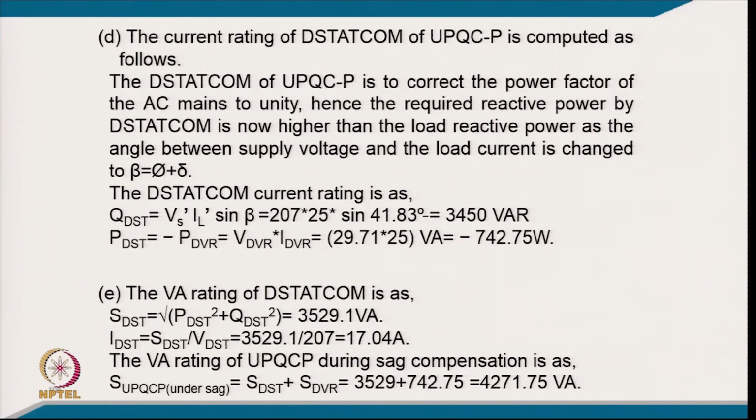the current rating of DSTATCOM is computed as follows. The DSTATCOM of UPQC has to correct the power factor of AC mains to unity, hence the required reactive power by DSTATCOM is now higher than the load reactive power as the angle between the supply voltage and load current is changed, beta equal to phi plus delta, and the DSTATCOM rating is Q equal to VL IL sin beta.